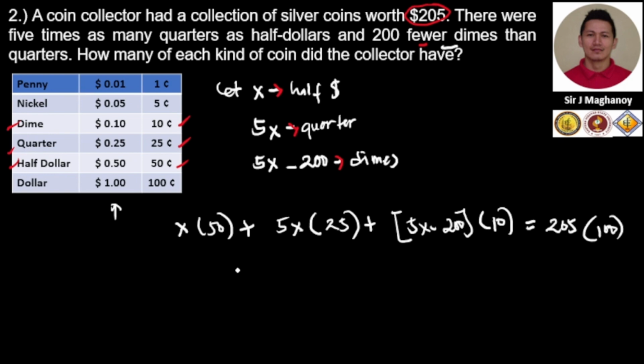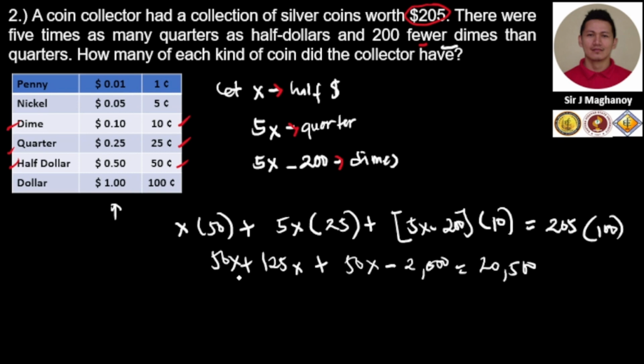So let's solve our equation. This will become 50x plus, for the quarters, 125x plus 50x minus 200, which becomes 2,000, and the other side becomes 20,500.